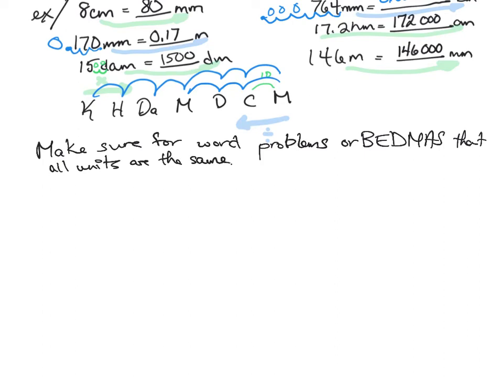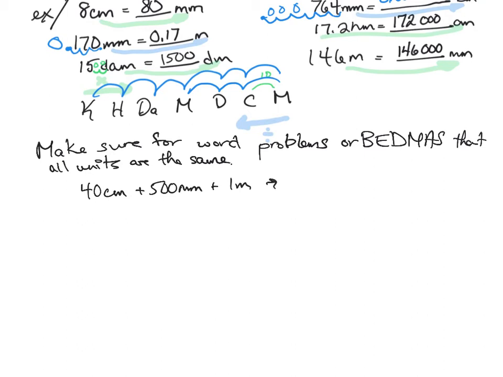Okay, because you can't add different units together as is. You have to have them as the same. So if I have 40 centimeters plus 500 millimeters plus 1 meter, I can't add that.